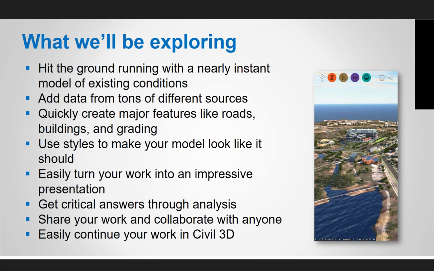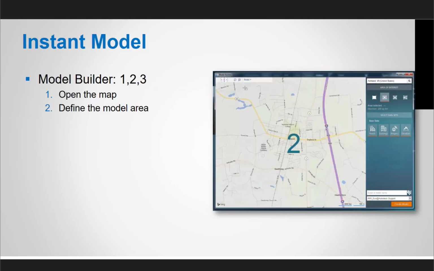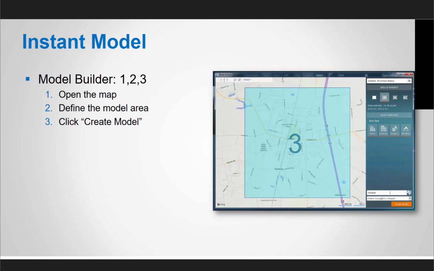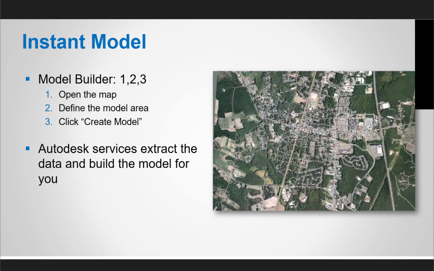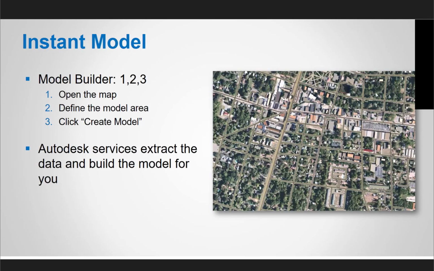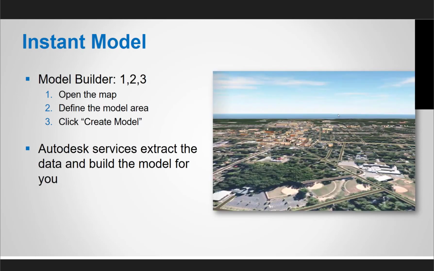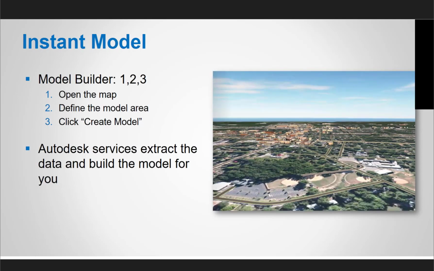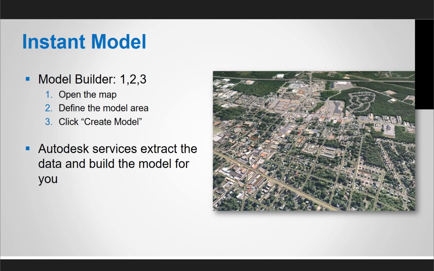The really amazing part is working with Model Builder. Before Model Builder, through several iterations of InfraWorks, it would take me a day just to gather existing condition data. Now, in a matter of minutes, I can have that information shown to me here, and I have at least this existing condition pop in for me really quickly.